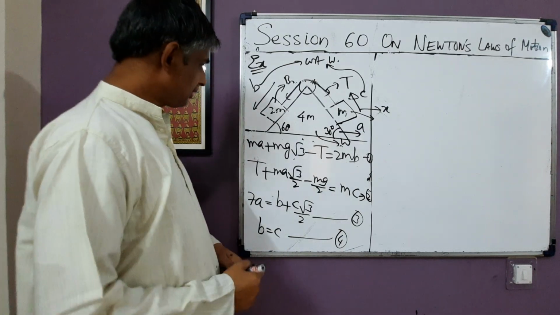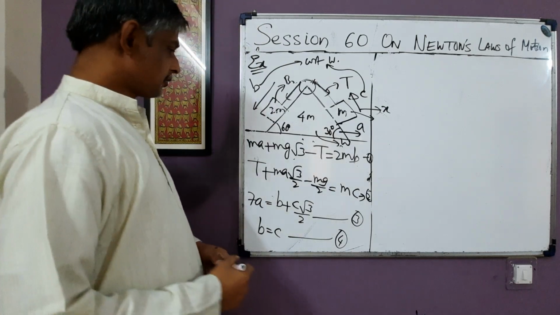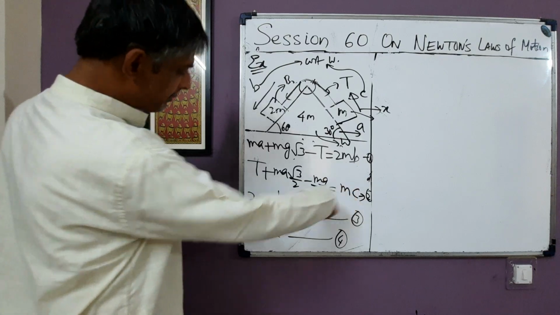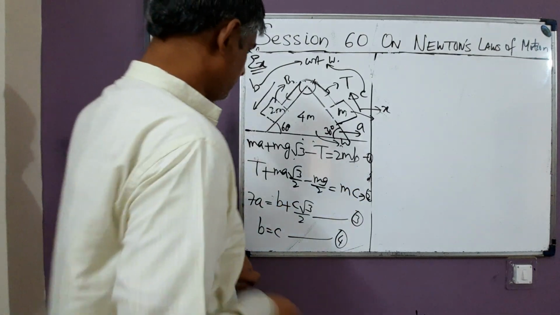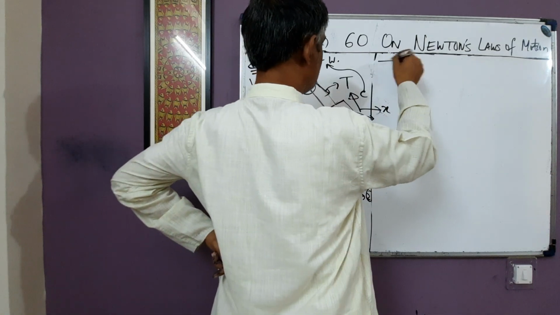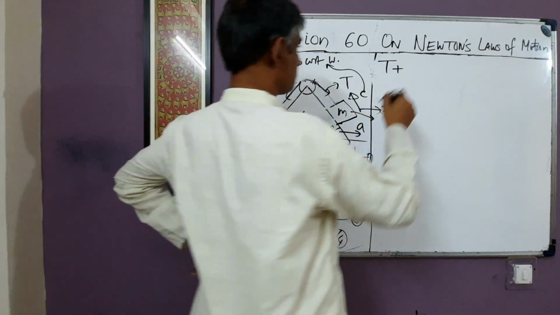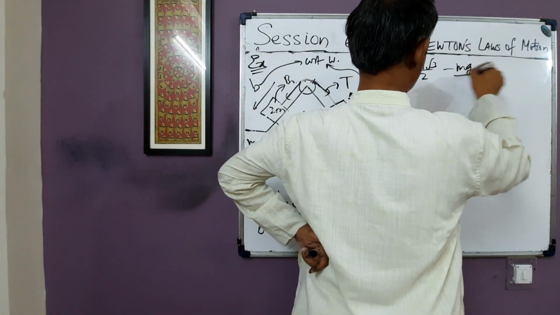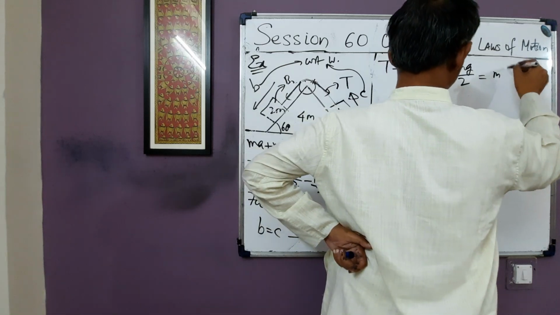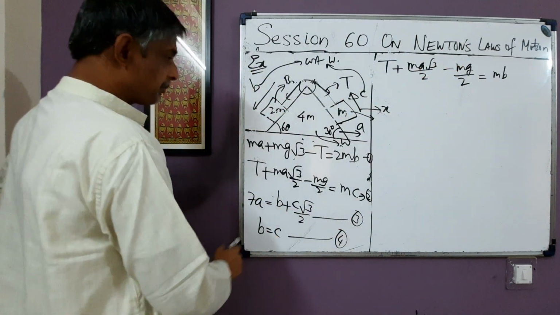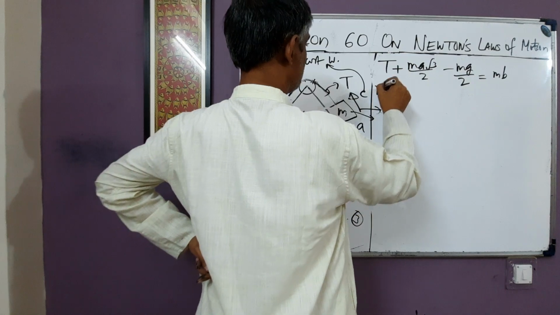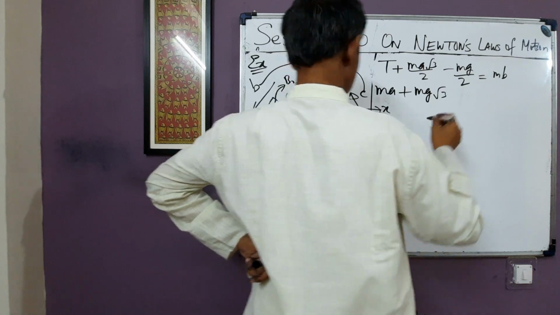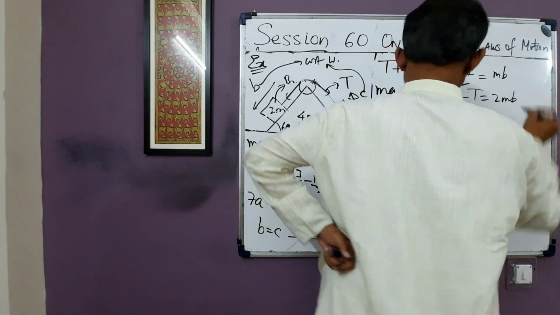So first we have to find the value of T. Combine the equations here, and replace C by B wherever C is there. In this second equation we get T plus ma root 3 by 2 minus mg by 2 is equal to mB, because B and C are equal, so C has been replaced by B. And this equation becomes ma plus mg root 3 minus T is equal to 2mB.